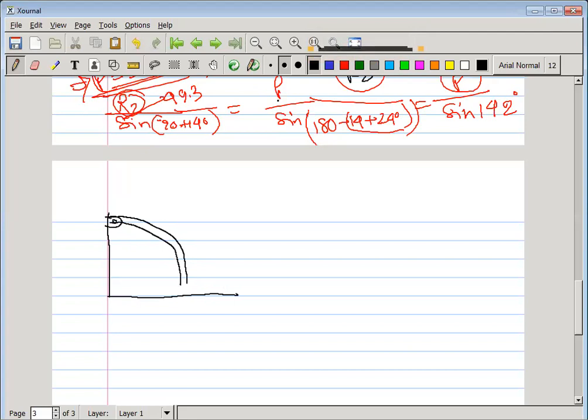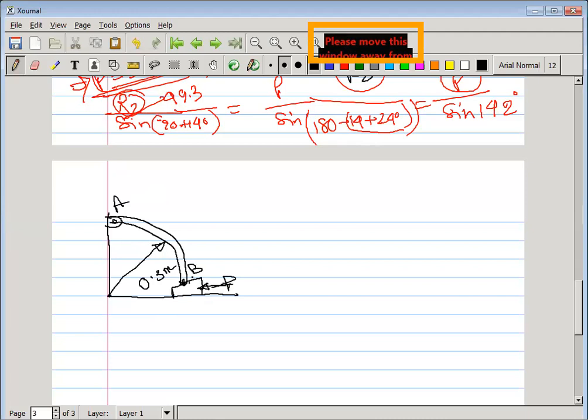Suppose this is circular. If it is a semicircular curve, and the applied force is here, whose radius is 0.3 meter. This is portion A, this is contact portion B. Can you understand the problem, that you have to apply this force so that this semicircular rod AB will move in the upward direction?